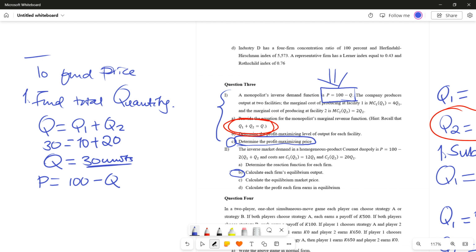So therefore our P will be 100 minus Q, and remember, we calculated that our Q is 30, therefore the price is 70. So therefore this firm will be charging 70 kwacha in both plants, plant 1 and plant 2. Okay, so this is how we handle such a question.